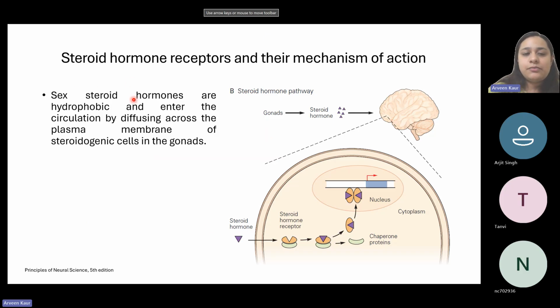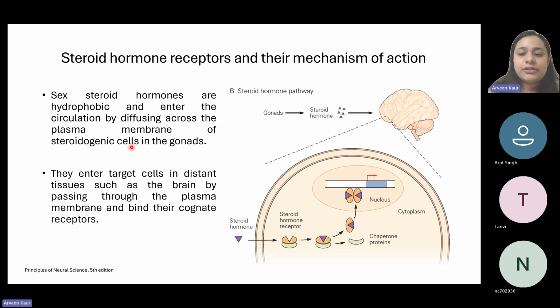These sex steroid hormones are hydrophobic, right? That is, they avoid water, and they enter the circulation by diffusing across the plasma membrane of the steroidogenic cells in the gonads, right? This is where they are being released. After that, what is happening? They enter the target cells in distant tissues, because now they are in the blood, they can travel the entire body.